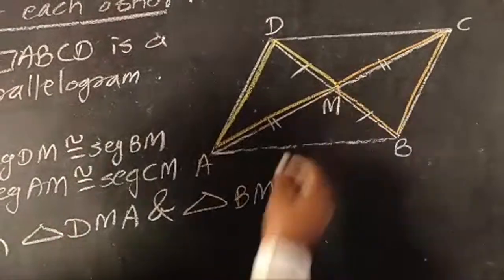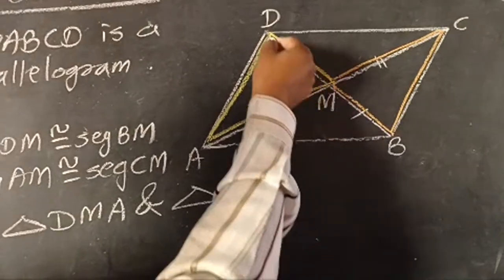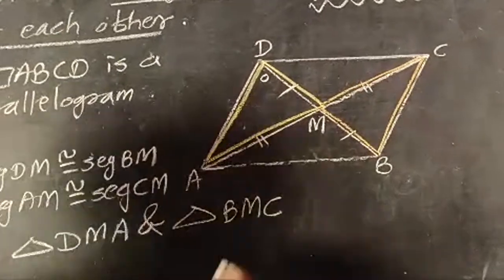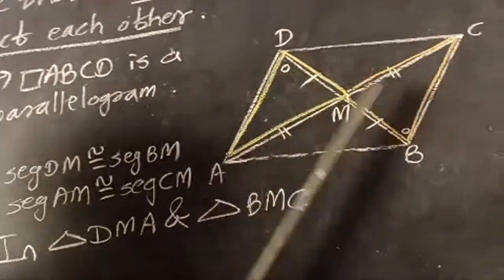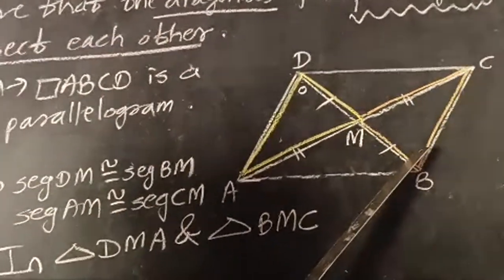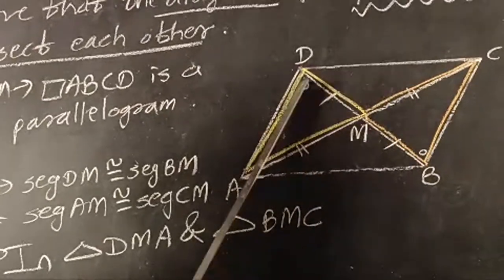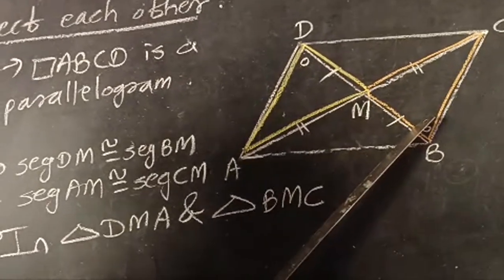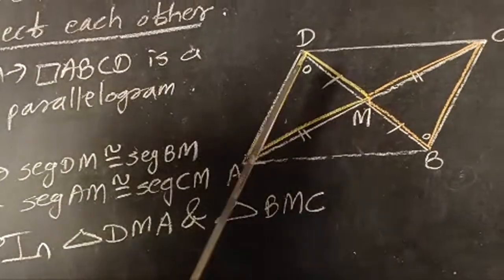Start from M. Angle MDA, MBC. Good. Why are these angles congruent? These are alternate angles. When are alternate angles congruent? When two lines are parallel.